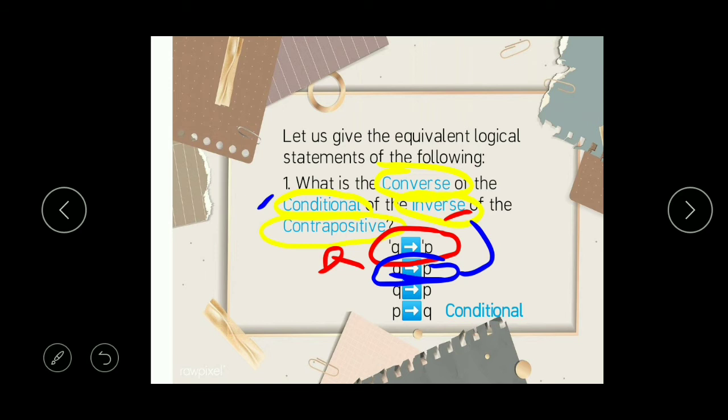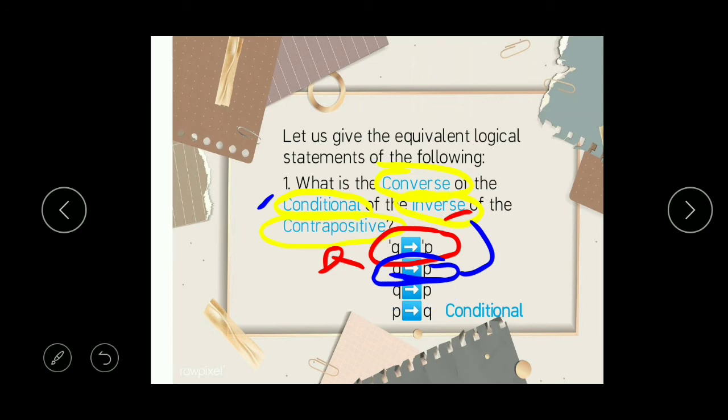Since we are going to give an equivalence to our conditional statement, we will not change our if Q then P here, because the conditional cannot be changed. It should be copied. So our third statement here is copied from the statement right there. The last one that we are going to give an equivalence is the converse statement.